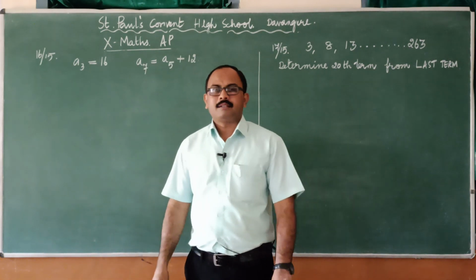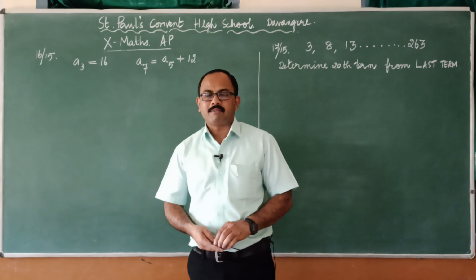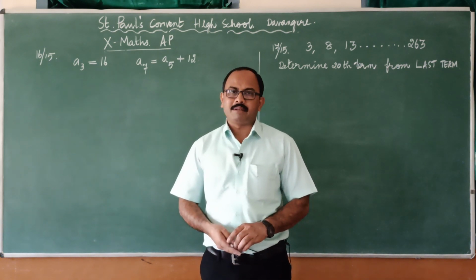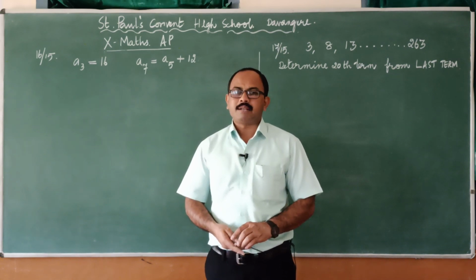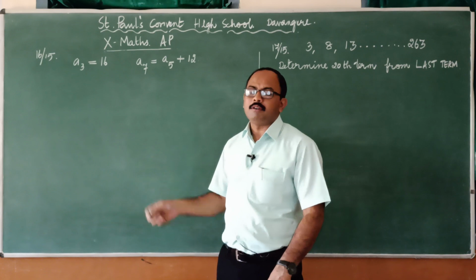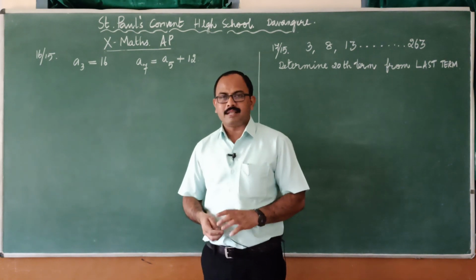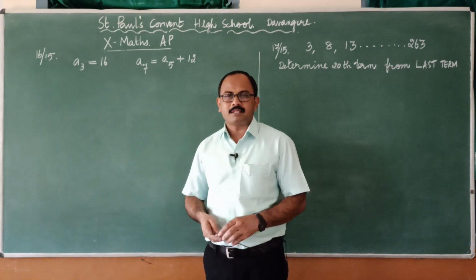Children, I have taken another sum which is quite different from the remaining sums that we have done. For a sum which is given in terms of a statement, you must be very careful in writing the statement in equation form. If the equation is correct, then the simplification is not at all difficult, children.